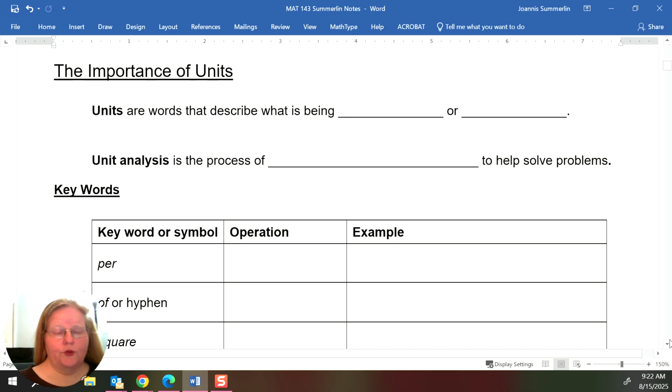So we talk about the importance of units. In section 2A, we start dealing with things that you're going to look at and say, why aren't we doing this the easier way? I could do this so much easier in my head. And if you would stick with me, and instead of worrying about how easy you can do it in your head, do it kind of the way I show you instead, then when we get to the harder problems that you can't really do in your head correctly, or when it's really difficult to do them in your head, it'll be a whole lot easier for you to do it the way that I show you.